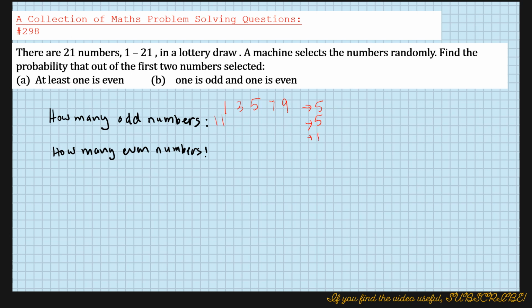So in total you'll have 11 odd numbers. Even numbers again will be 2, 4, 6, 8, 10. So that's 5 even numbers.